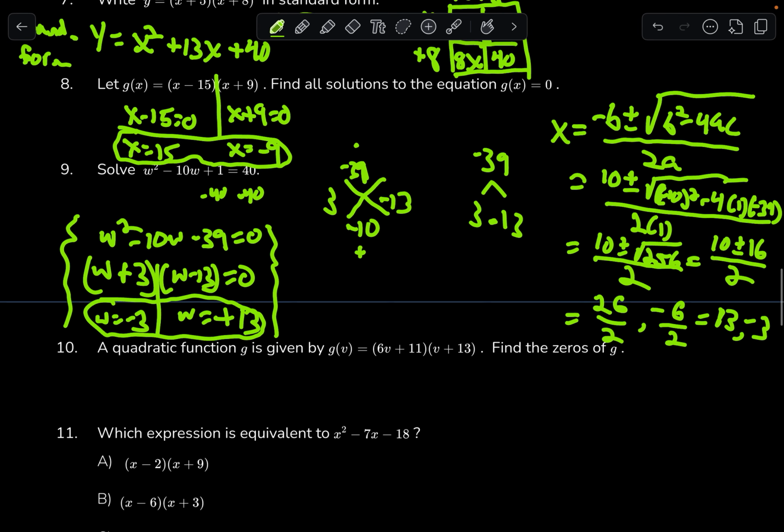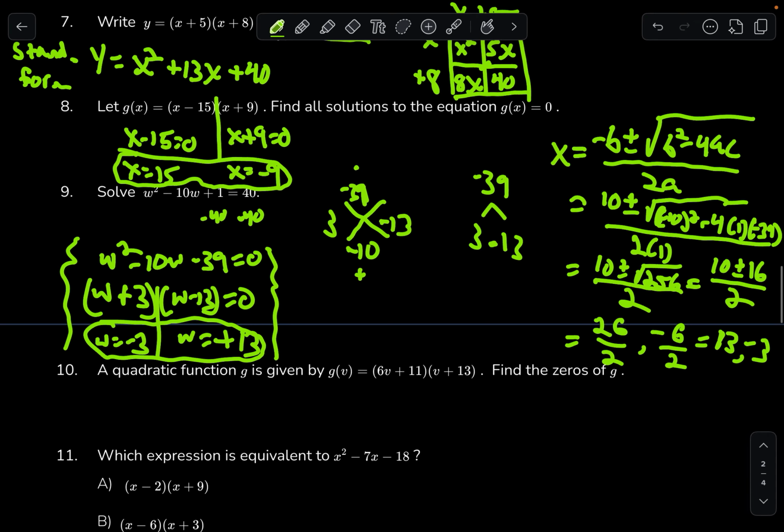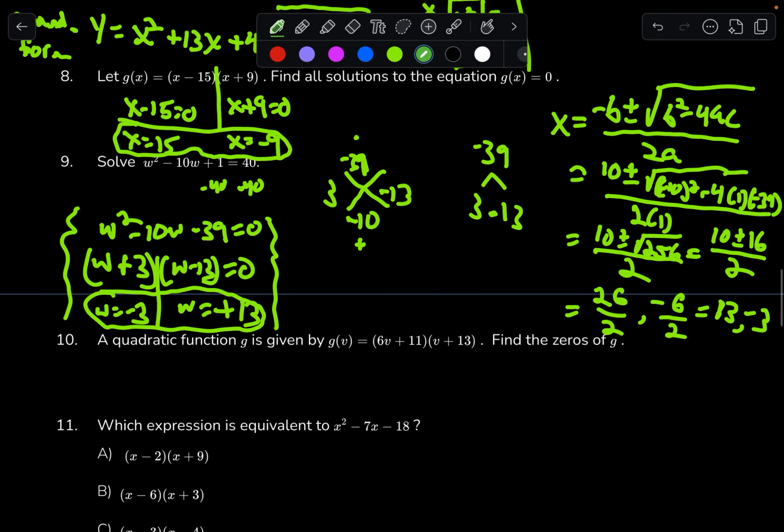Okay. Question 10, a function g is given by g of v equals 6v plus 11 times v plus 13. Find the zeros of g. So we have 6v plus 11 equal to 0 and v plus 13 equal to 0.